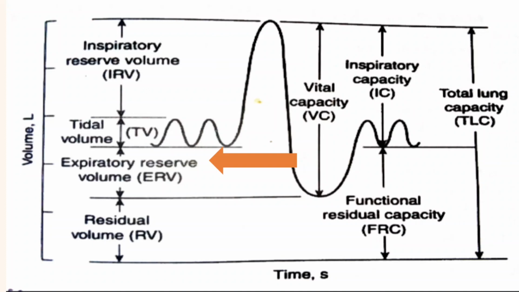Similar to the inspiratory reserve volume, which is above, the expiratory reserve volume is below. It is the additional volume of air that can be expired out forcefully after a normal quiet breathing.